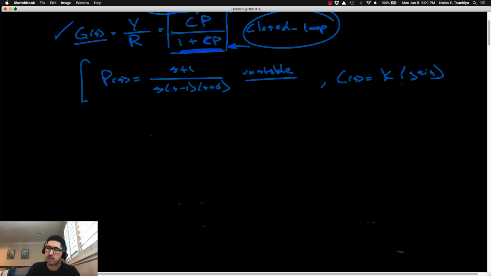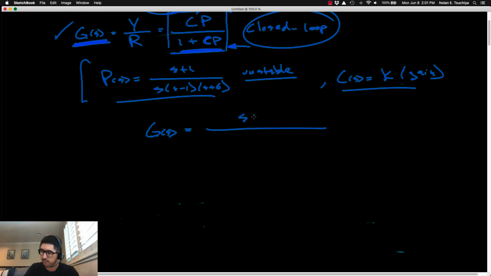Remembering that the closed loop transfer function is how this system will behave, we need to actually plug in what we have for C and P into our closed loop transfer function. Okay, so our closed loop transfer function is whatever I get when I plug in C and P into this equation, Cp over 1 plus Cp. And that works out to be the following.